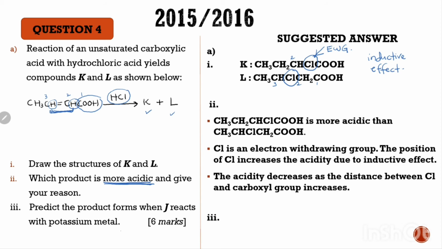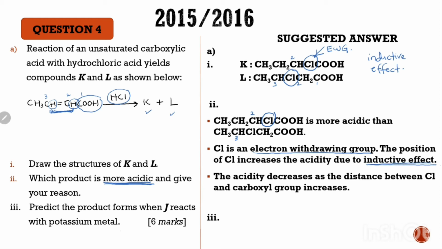Okay, so kita tulis jawapan CH3CH2CHClCOOH. Okay, tengok ni Cl yang pada carbon number 2 is more acidic than, okay, satu lagi lah, Cl pada carbon number 3. Okay, so chlorine is an electron withdrawing group. Okay, the position of chlorine increases the acidity due to inductive effect.